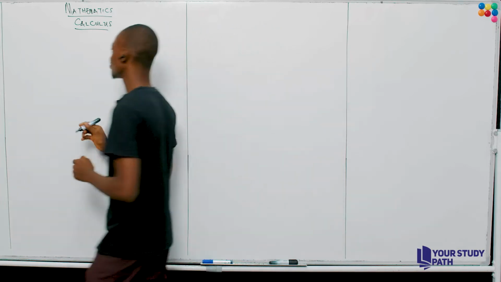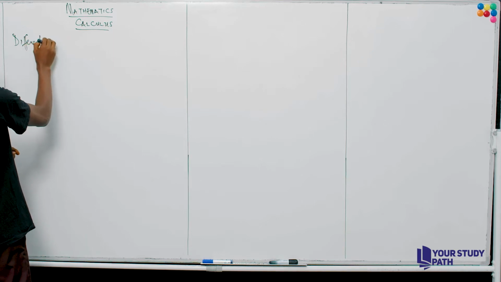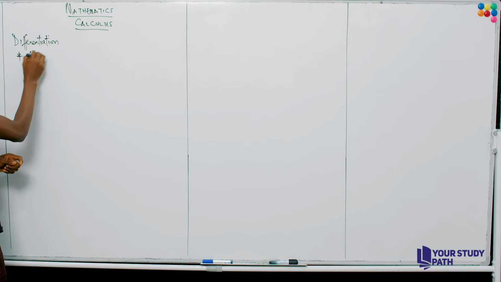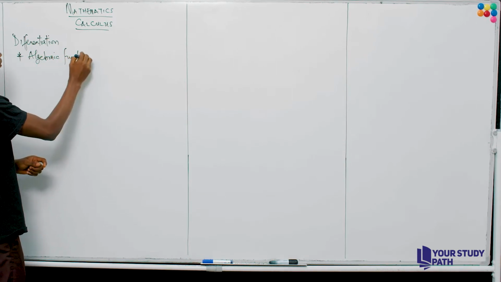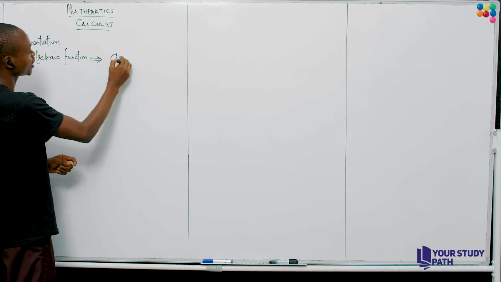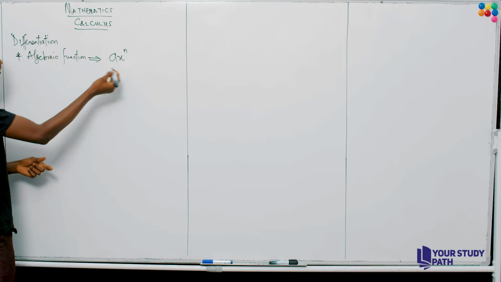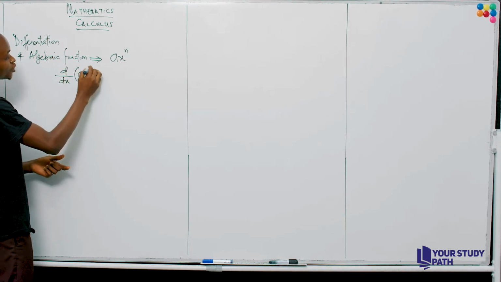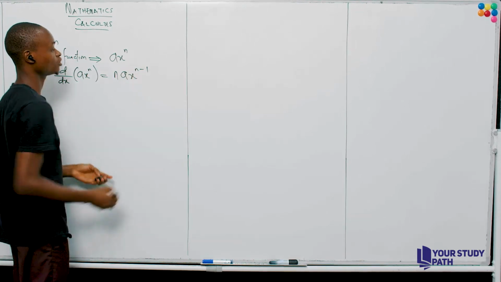In essence, we say that if you carry out differentiation processes on algebraic functions, for instance, with a general form of ax raised to power n, then we can differentiate this function using the differentiation symbol d/dx of ax^n to simply be nax^(n-1).